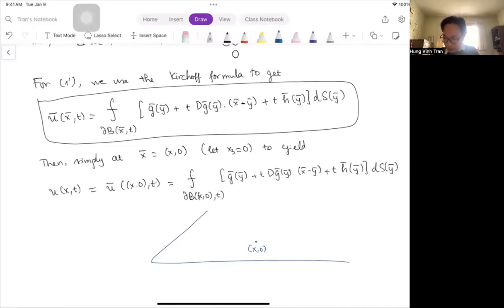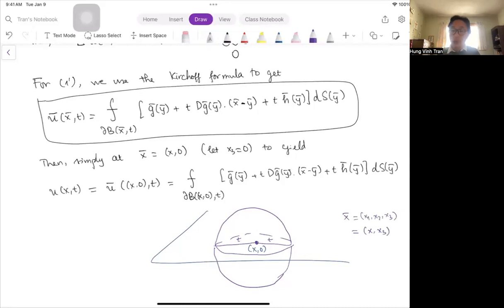So this is why there's a computation. We take the sphere in 3D around this point, with radius t. The sphere is taken in 3D, in x bar equals x1, x2, x3. The integral we are taking is on the sphere.